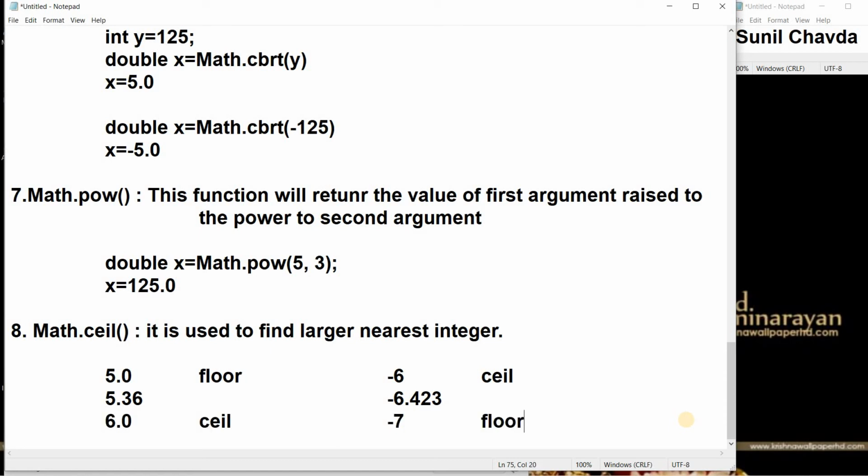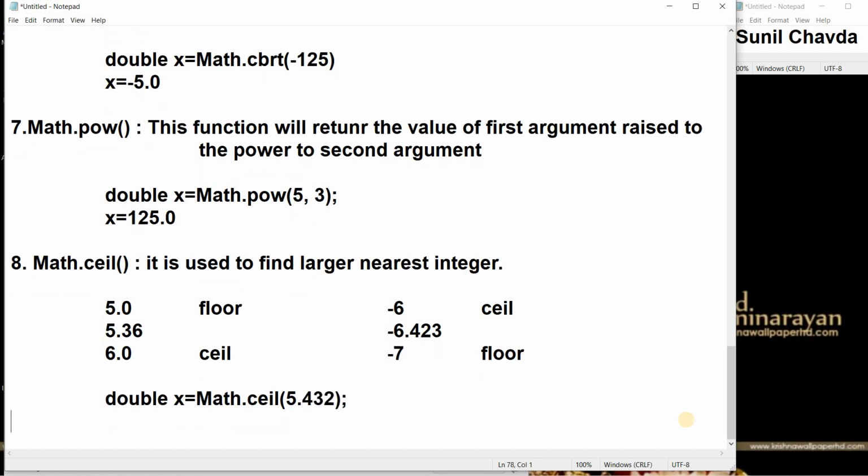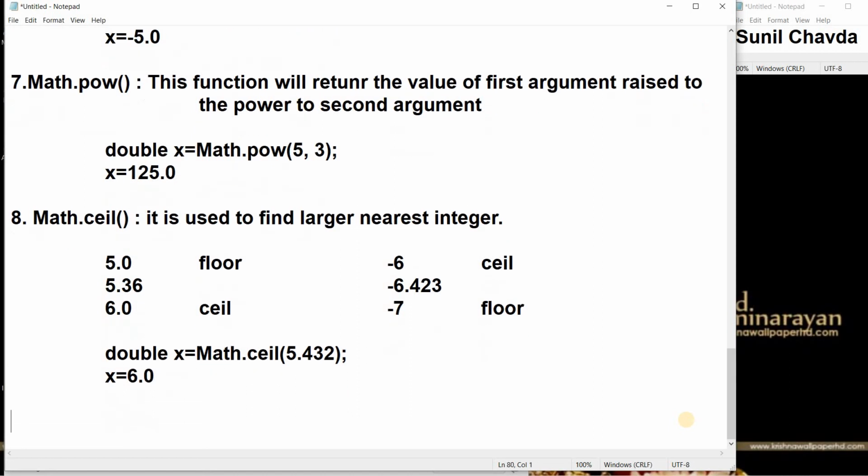Here I am writing double x is equals to Math.ceil, and in the bracket I am providing a number. Let us assume my number is 5.423. So the value of x will become 6.0. You can work with negative numbers also.